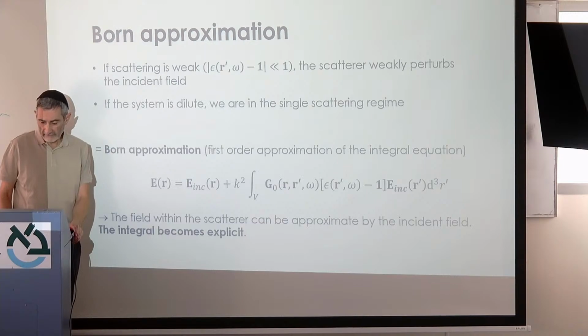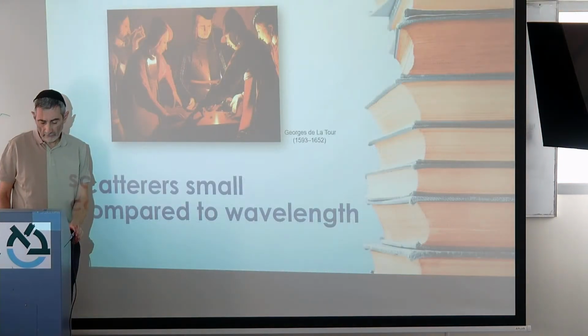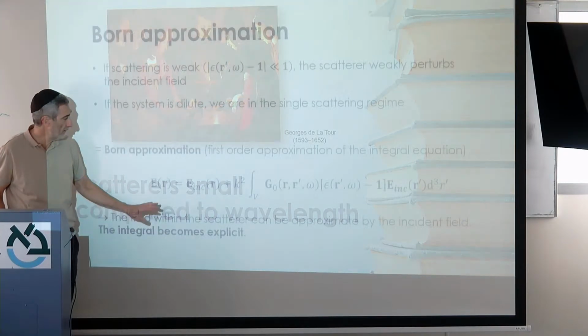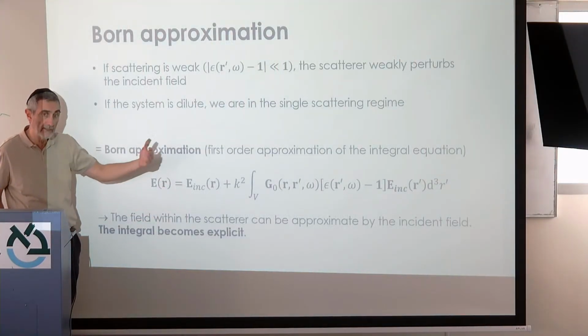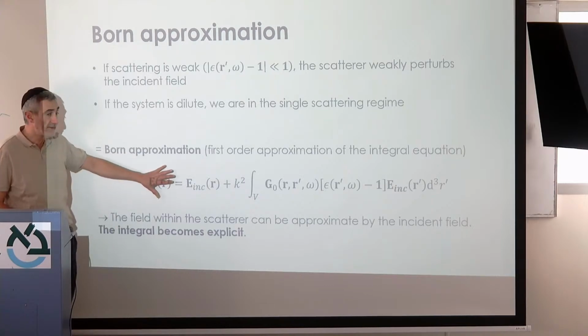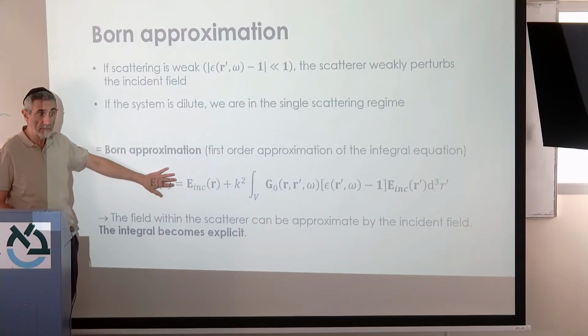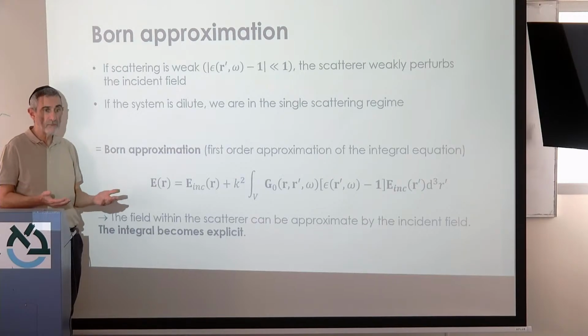The second case that I want to consider is the case of small scatterers. We will see in the next sessions that, starting from this approximation, you can describe multiple scattering.